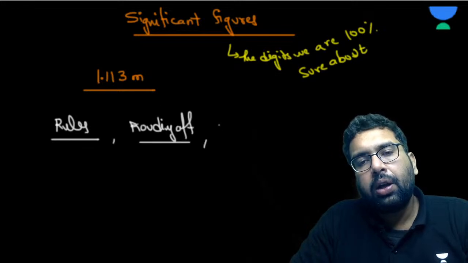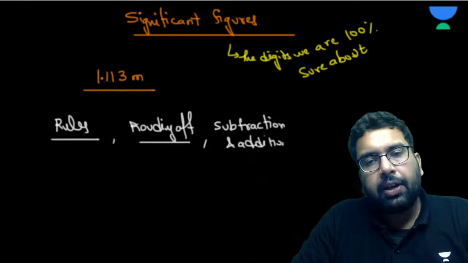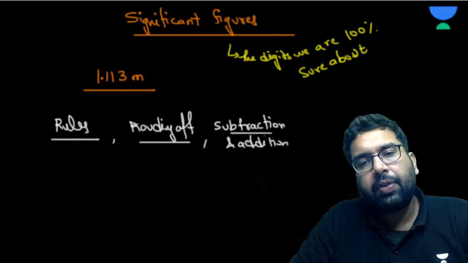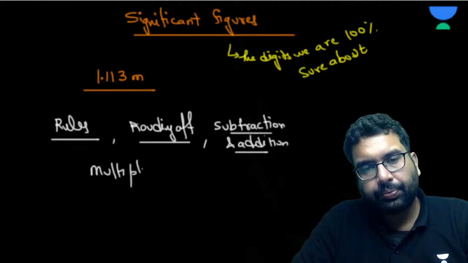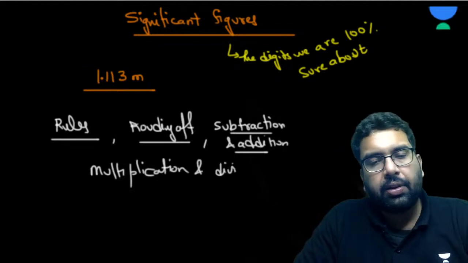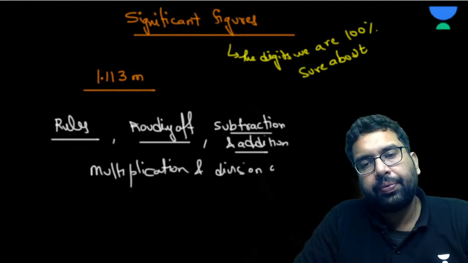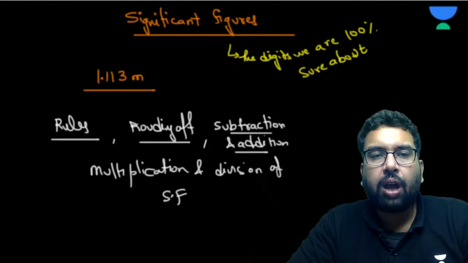How do we do the subtraction and addition of significant figures, and then further multiplication and division of significant figures? Okay, so this is how we talk about it in this particular thing.